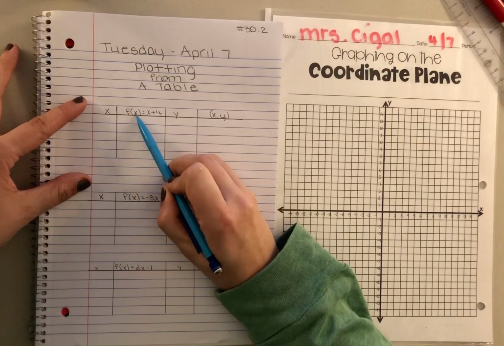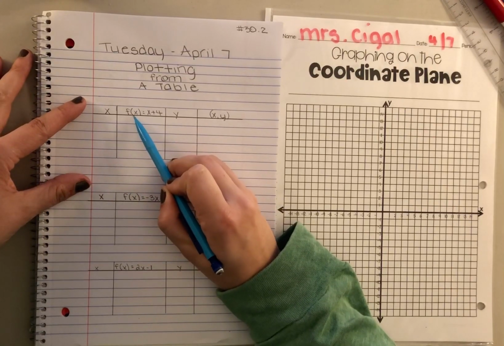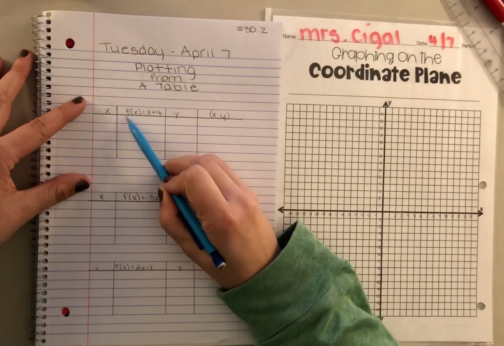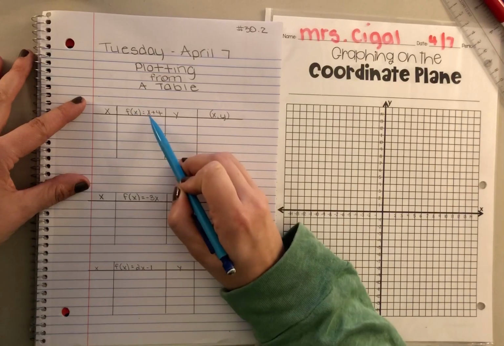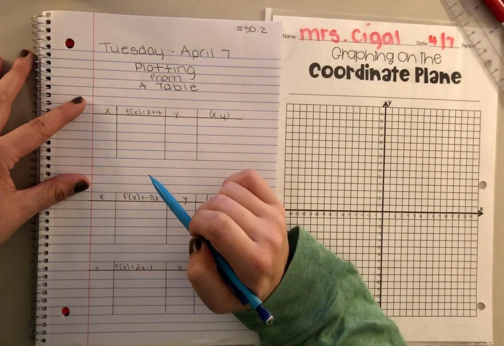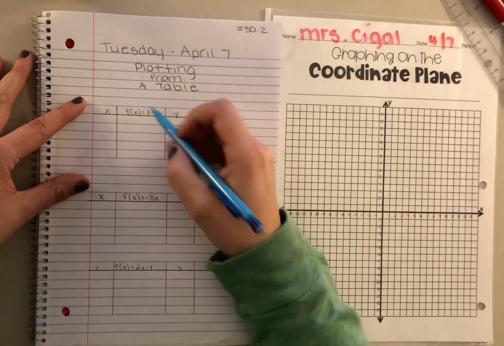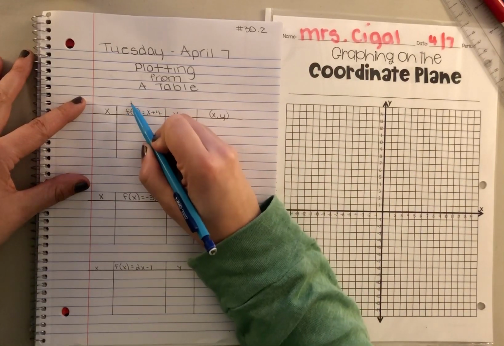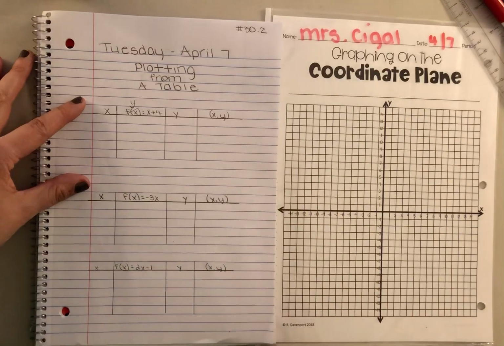This does not mean multiplication. The f is not being multiplied by x. It just means when you input an x value here, you input an x value here, and then you evaluate. So it's just a notation. If it makes you uncomfortable, this is the exact same thing as saying y equals. We're just saying that y is a function of x.